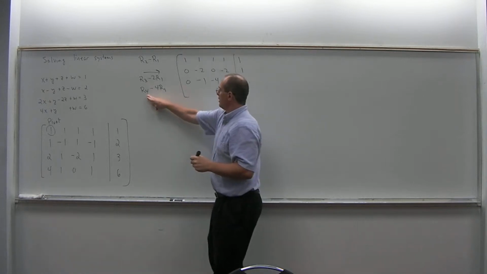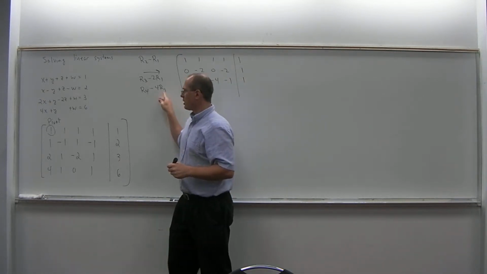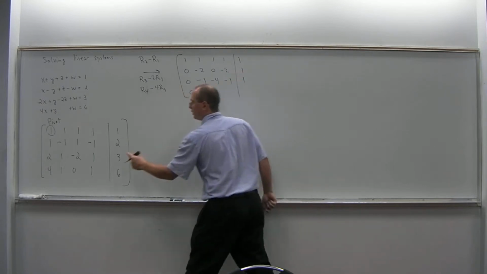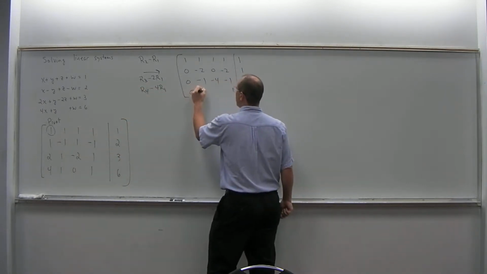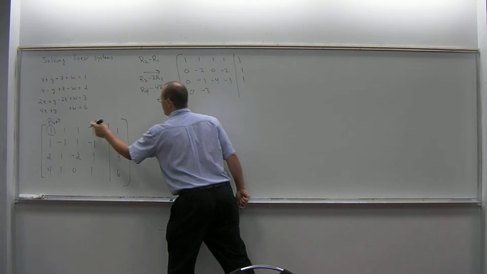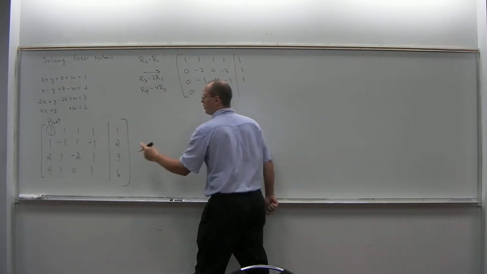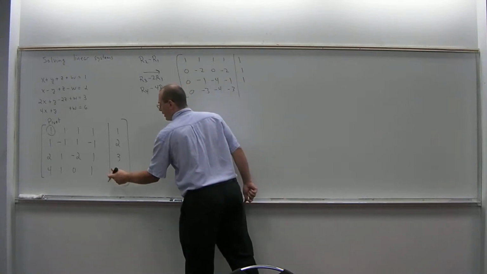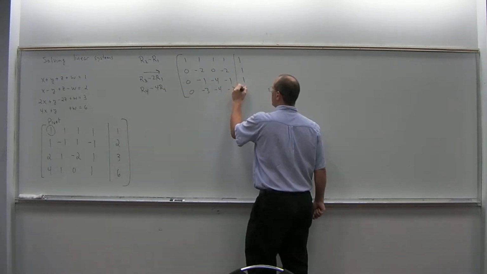And then row 4 minus 4 times row 1. 4 minus 4, 0. 1 minus 4, negative 3. 0 minus 4, negative 4. 1 minus 4, negative 3. And 6 minus 4 is 2.